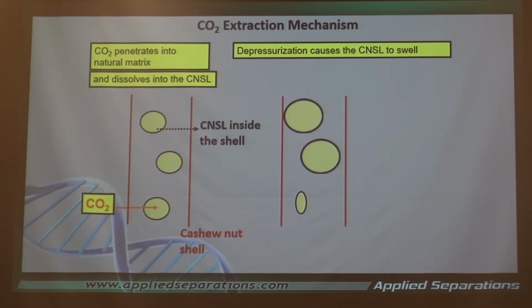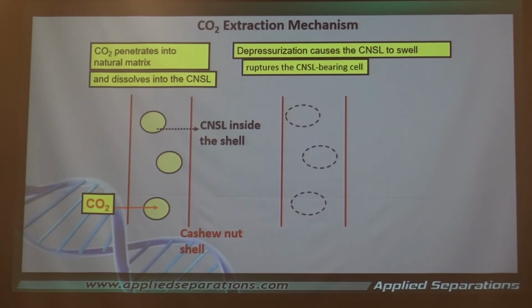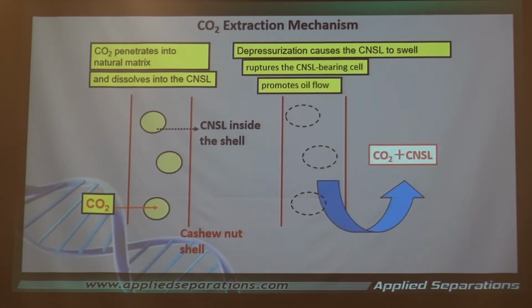We depressurize rapidly, and it ruptures the vesicles. You don't have this kind of advantage when you're dealing with liquids. We're going to take the physical properties of the CO2, that is the gaseous expansion and then the depressurization, to cause the bends in this material. It will rupture, and now it's ready for solubility and flow.